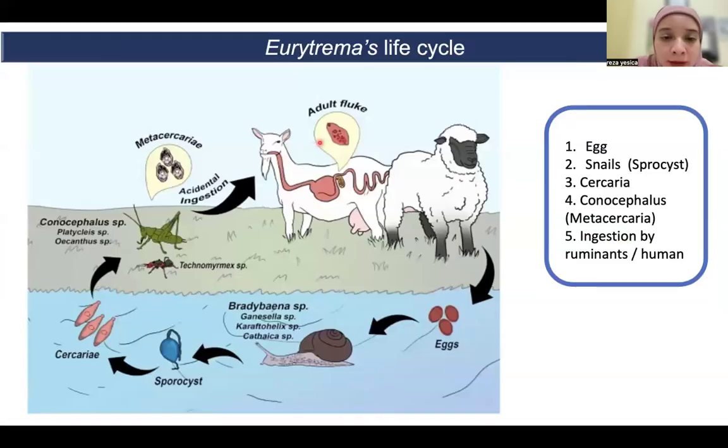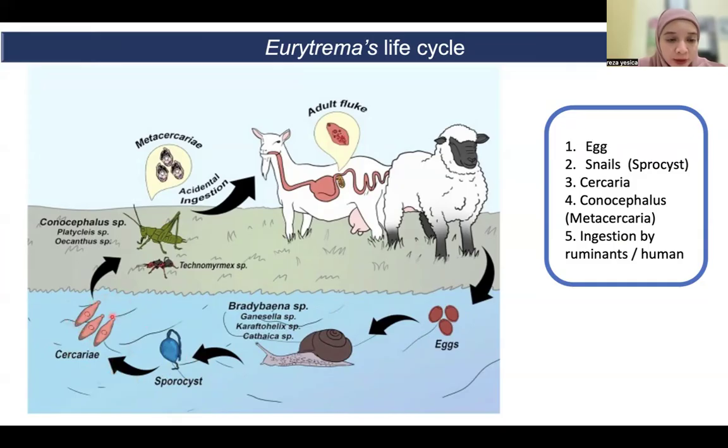And this is the life cycle, almost the same as Fasciola. However, after the egg is released, it will produce miracidium. Miracidium will attach to a water snail. In the snail, they only grow into sporocysts. After becoming sporocysts, they will produce cercaria directly.